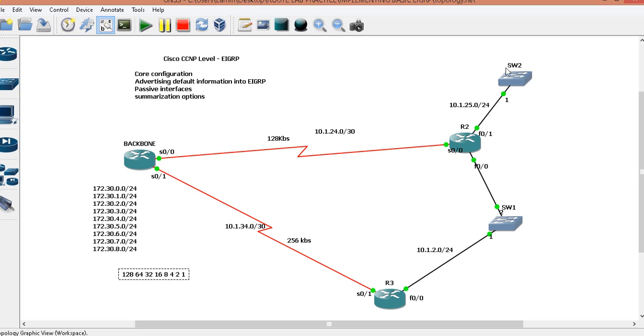We don't need any relationship formed here, so it's not any kind of EIGRP candidate. On the backbone router, all these loopback interfaces should be passive. So the network will be advertised, but hellos will not be sent here.